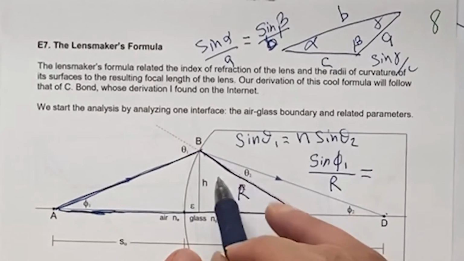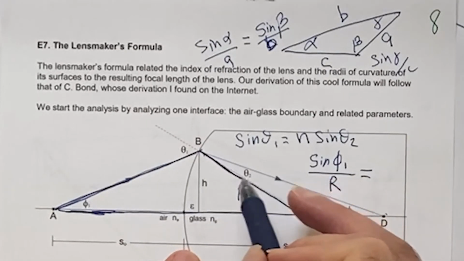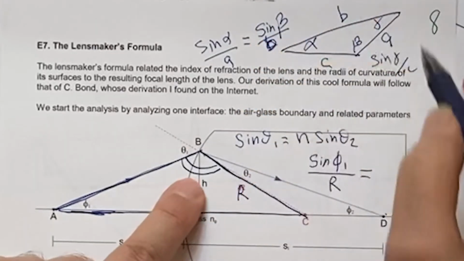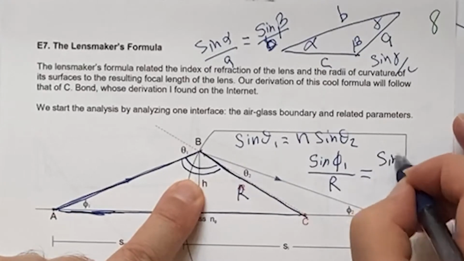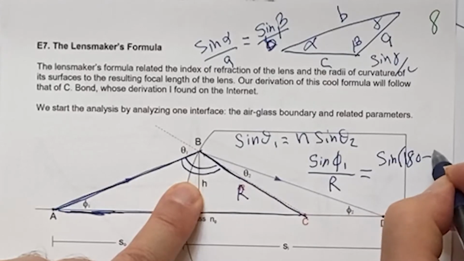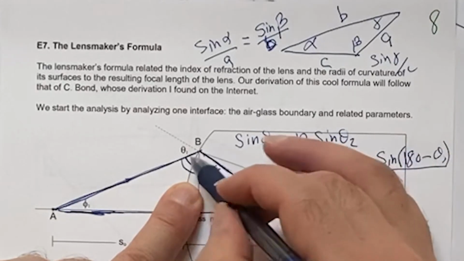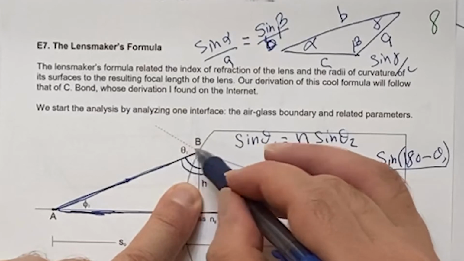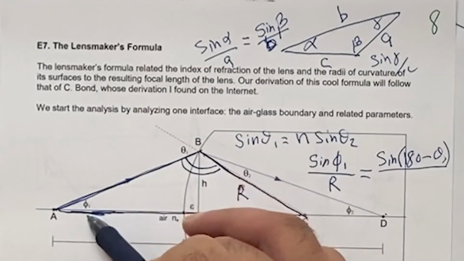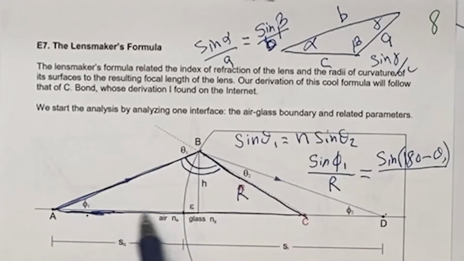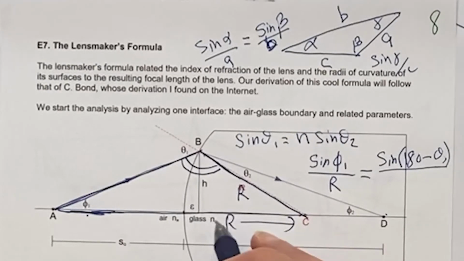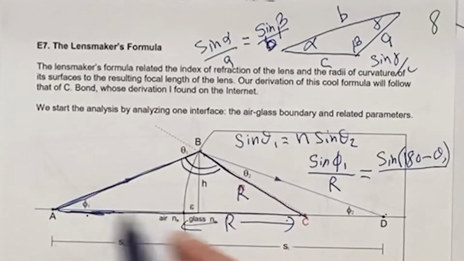And then if we look at the angle in here, we take the sine of that angle, that's going to be 180 minus theta 1. So 180 minus theta 1 gets you that one. And opposite of this thing is SO plus R. See, this is the radius, this is R. So I need SO plus R to get that big one in there.